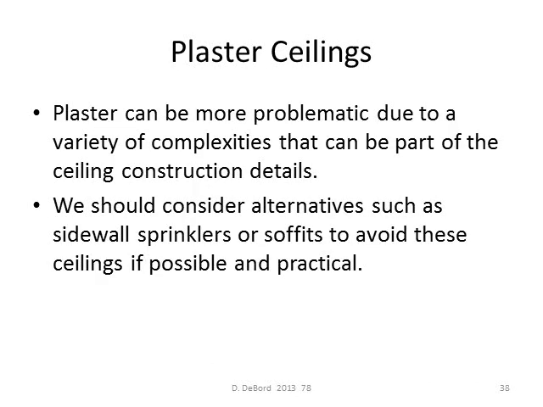Plaster ceilings can be even more problematic because there's a variety of complexities in their construction, and sometimes there's a metal lath construction. If it's an old ceiling, you might not be able to get sprinklers in there.